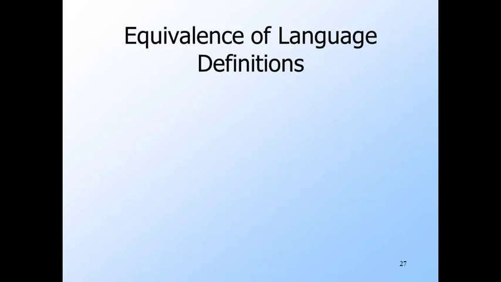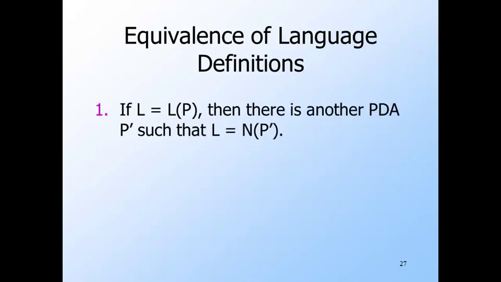Thus, every PDA defines 2 different languages in 2 different ways. However, the classes of languages defined by all the PDAs in these 2 ways are the same, and in fact are the context-free languages, as we shall see later. That is, if we have a PDA P that defines a language L by final state, then there's another different PDA P prime that defines the same language L, but does so by empty stack.